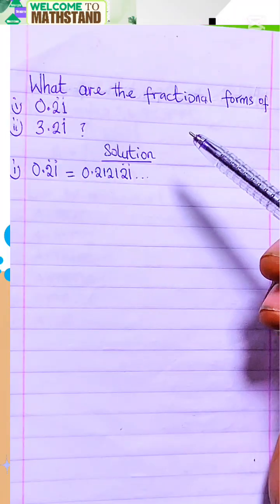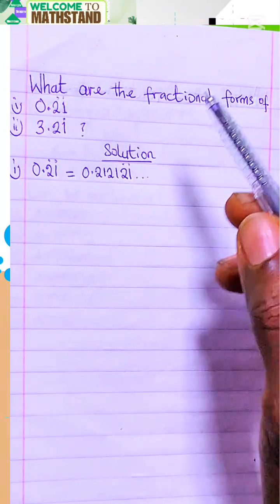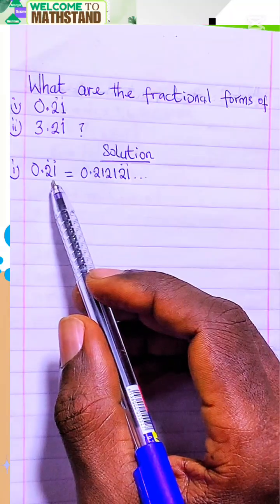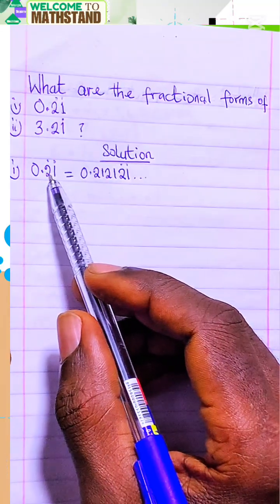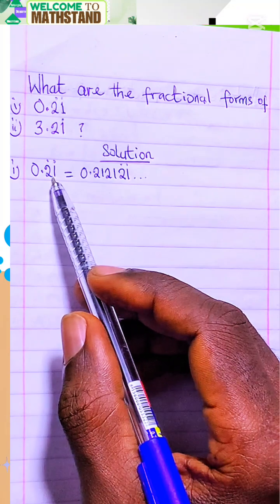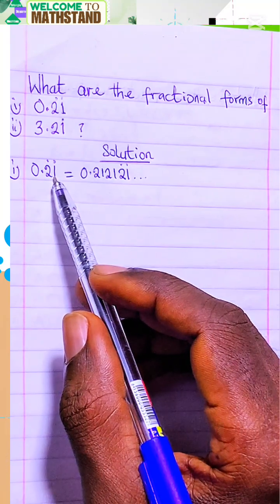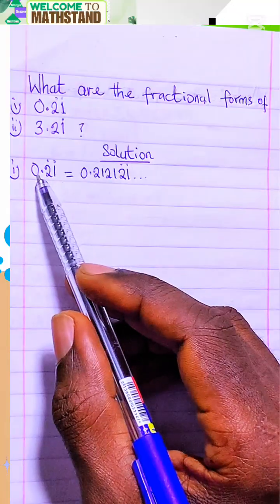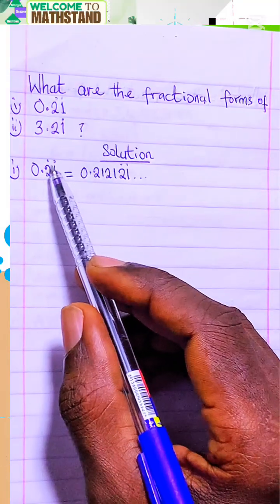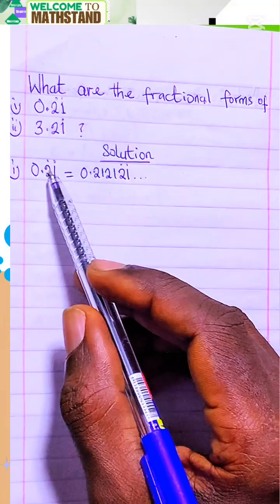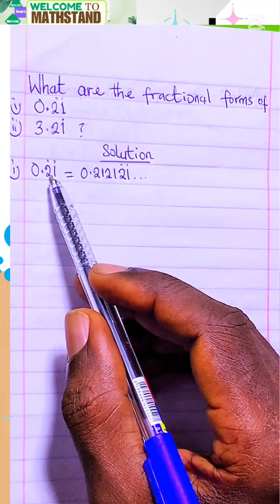So for us to do this, what I want you to take note is that we have 2 digits after the decimal point that we need to consider, and that means for us to remove this very decimal, or to have a whole number, we need to multiply this very decimal by 100.